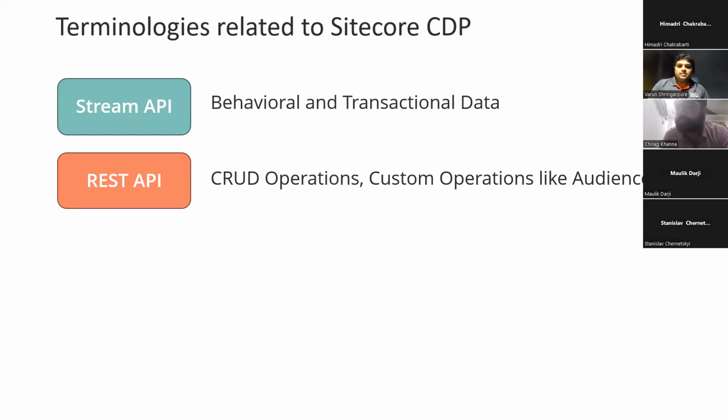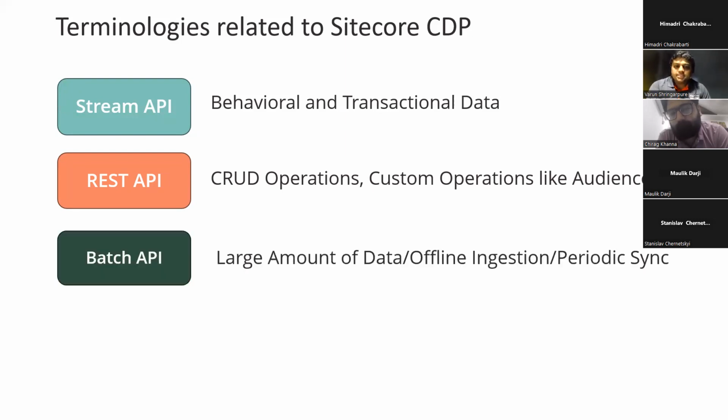Let's say some specific type of guests in the system, or maybe take that value and consider it, in earlier days, we used to call it engagement value in the Sitecore XP world, 9.x world. So something like that. We want to just store based on what the user is doing on our website, and then take it forward during their journey when they are checking out the product or something like that. Then it can be done using REST API.